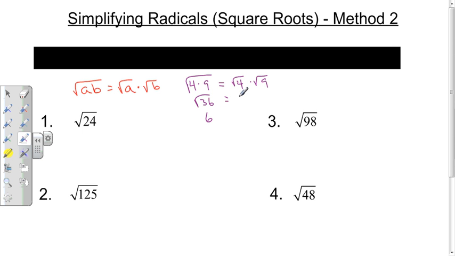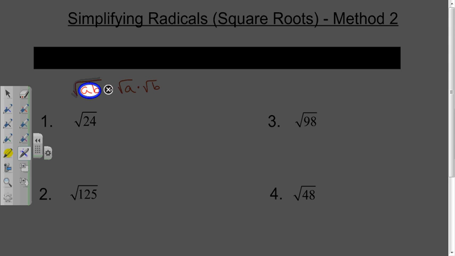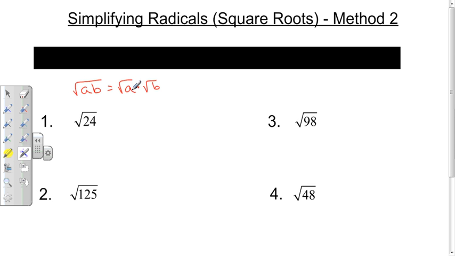And the square root of 4 is 2, the square root of 9 is 3, and that's equal to 6. This would be true for any numbers we apply this property to. To state the property again, the square root of a product AB is equal to the product of the square roots.